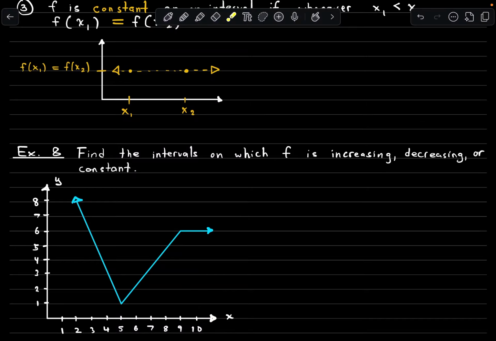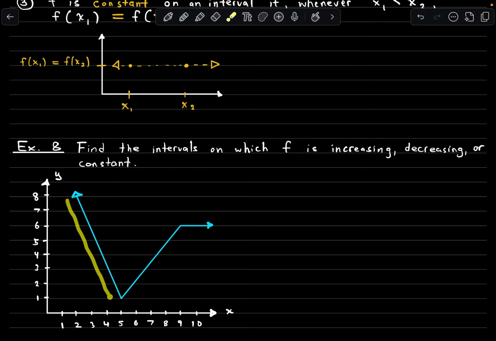When our y values are dropping from left to right, that is our interval of decrease. So in this case, from 1 to 5. When we are going from left to right and our y values are increasing, that's going to be our interval of increase. And of course, when our y values are staying the same as we go from left to right, we are constant. Okay.